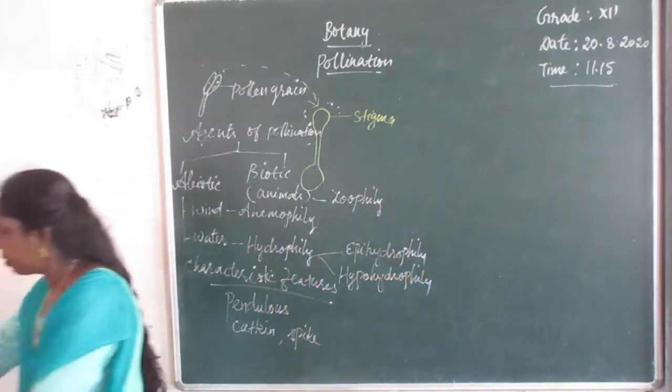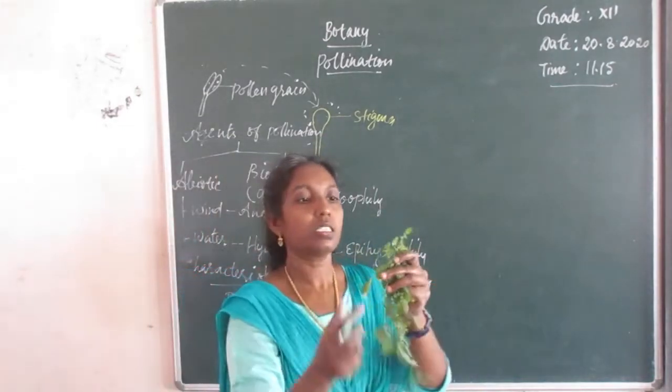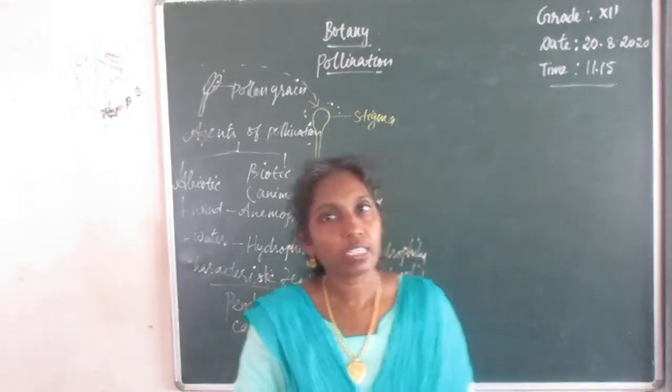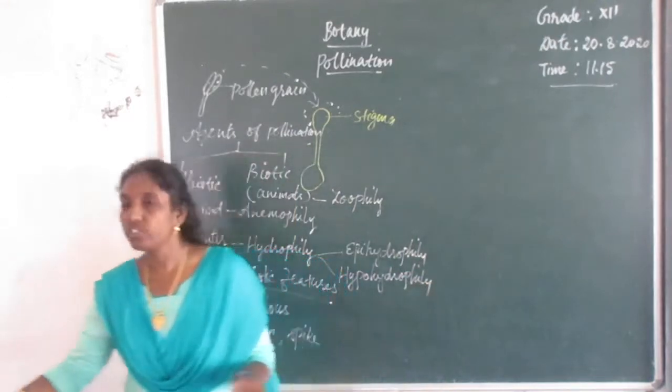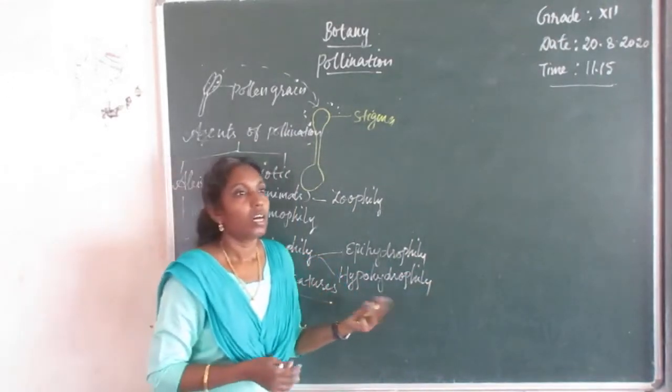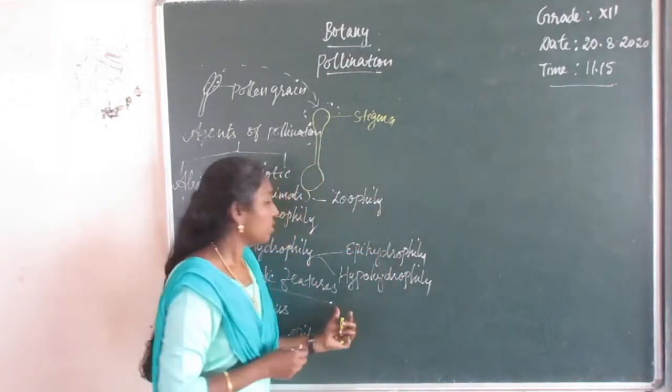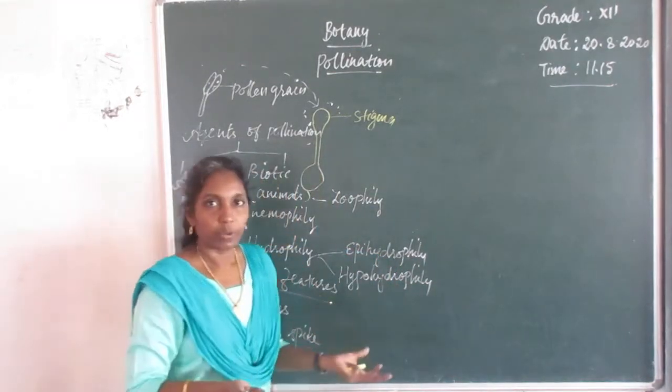This is the type of catkin inflorescence. These grass flowers are mainly inconspicuous flowers, which are not noticed well. Other angiosperm flowers are brightly colored, but these anemophilous flowers are inconspicuous.